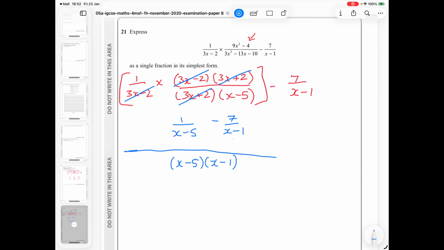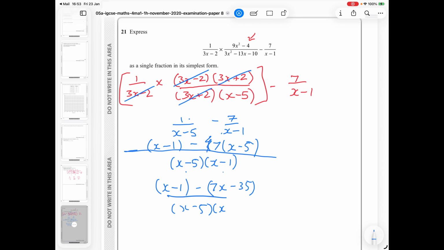And now we're going to cross multiply because x minus 5 is being times by x minus 1. So that's x minus 1 minus 7 times x minus 5. That's slightly irritating because I could have just done it all in one go. Over x minus 5, x minus 1.